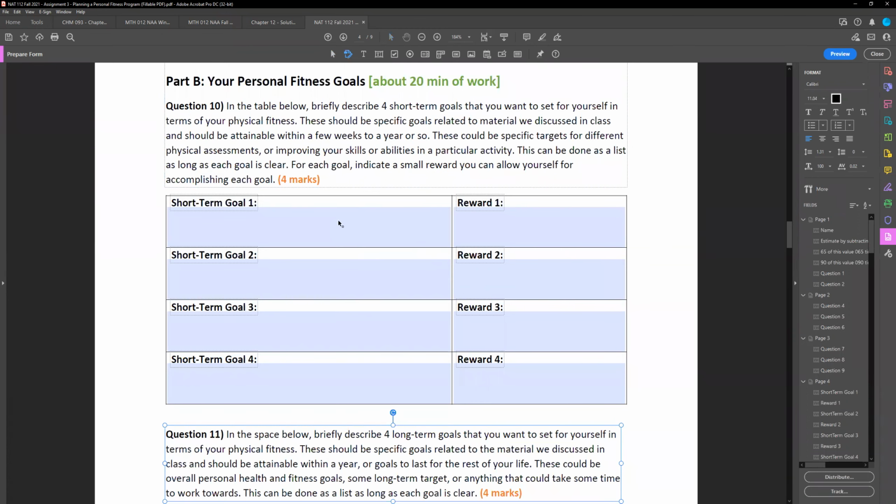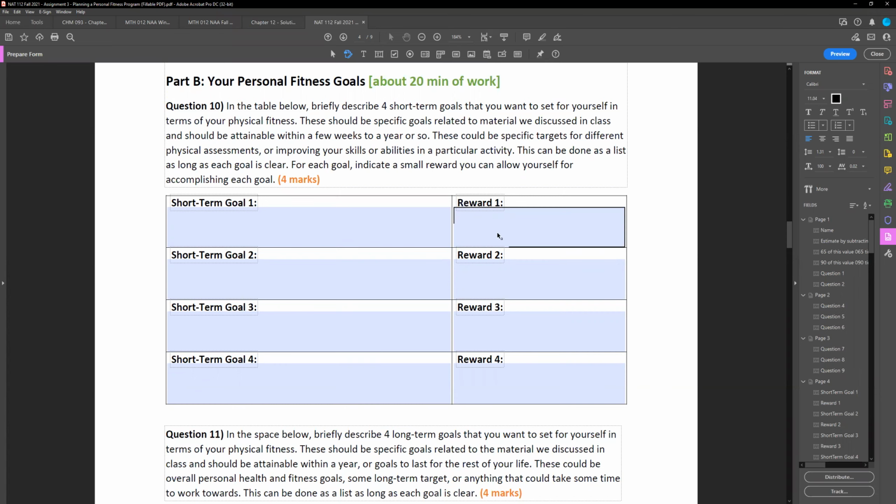And this could be to bring my 1 rep maximum from 40 kilograms up to 50 kilograms or something like that. Or you might say, I would like to be able to run 1.6 kilometers in under 8 minutes. You're identifying a specific short-term goal that can be attainable within the year.